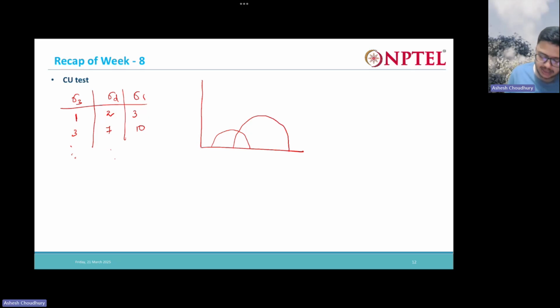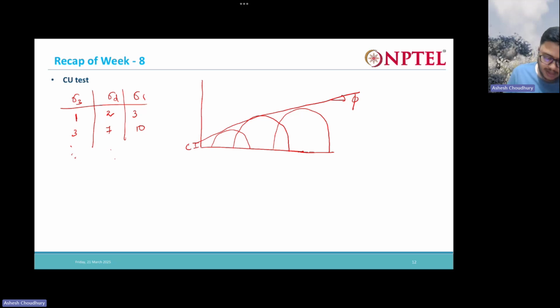One more will come. If you do 3 tests, we'll get it like this. After the test, what do you do? You plot a common tangent to all the 3 circles and take the slope. This will give you the phi, and you will have the c here.